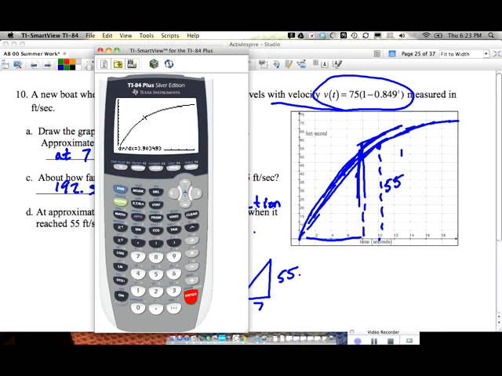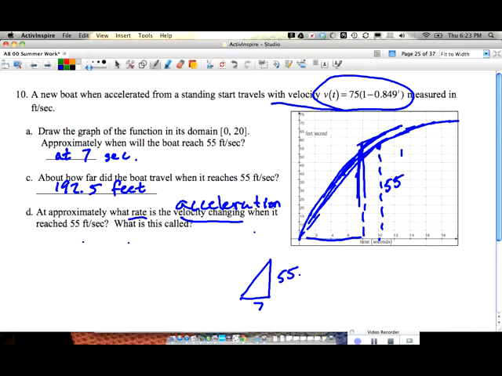It looks like the slope's going to be about 3.9. So about 4 feet per second, or second squared on the bottom, you could say. It's called acceleration, by the way.